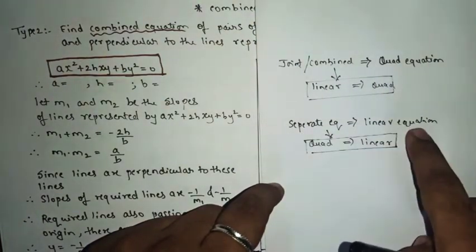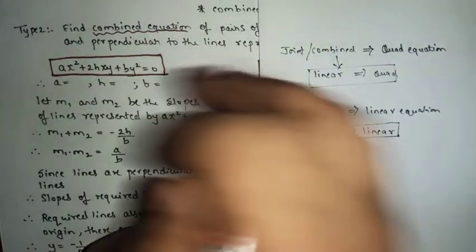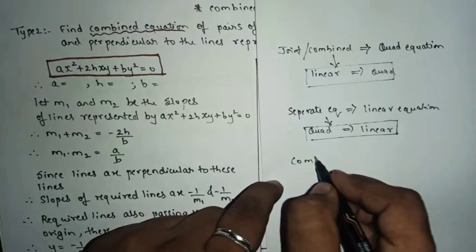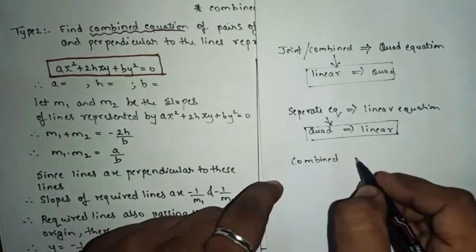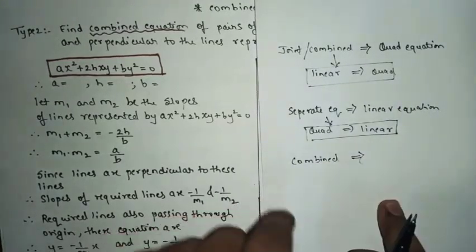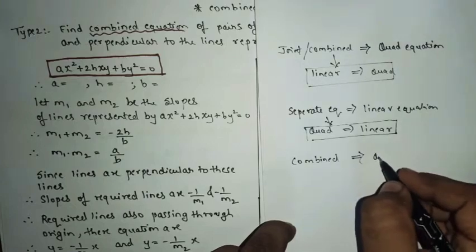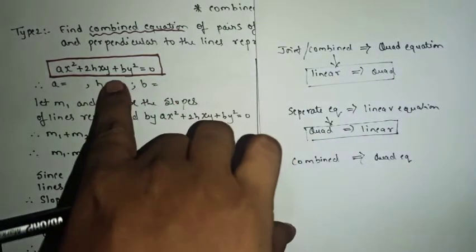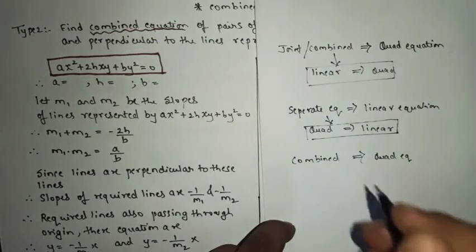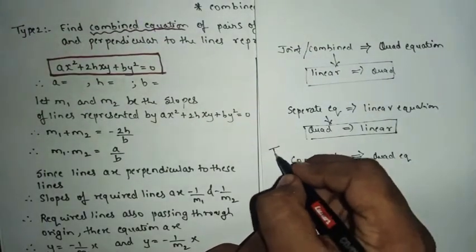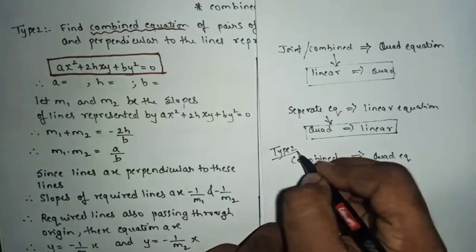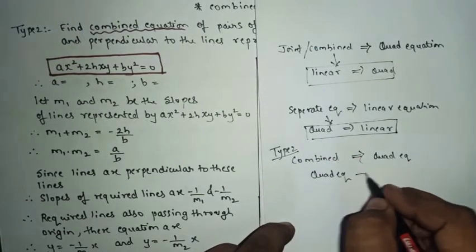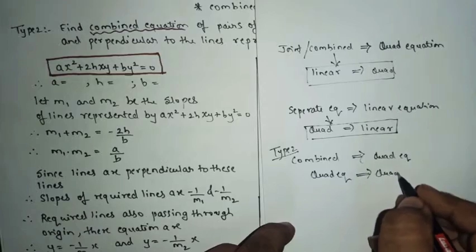Separate equation means linear. Now, but what is type number 2? Here again you have to find the combined equation. Combined means your final answer will be in the form of a quadratic equation, but from a quadratic only. So in this type number 2 you have to convert a quadratic equation into a quadratic.